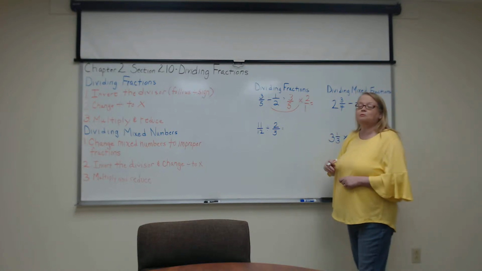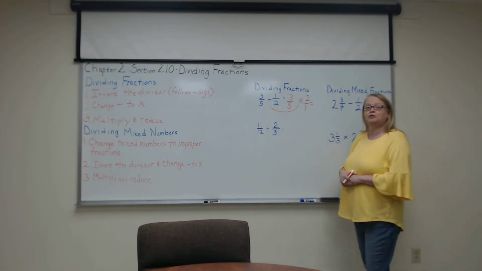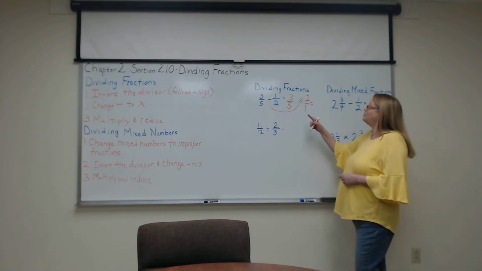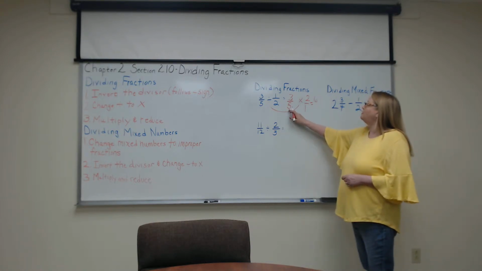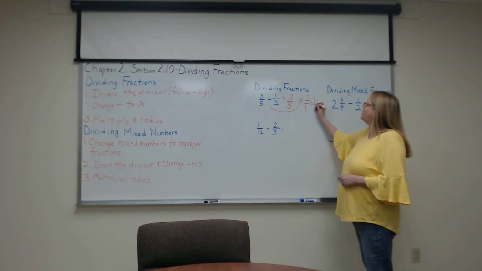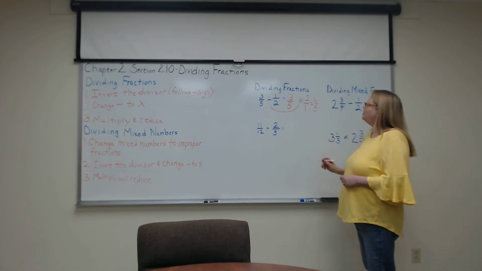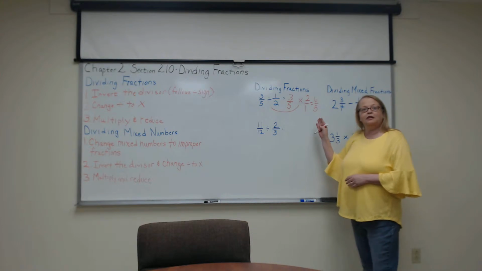Now we know how to multiply a problem that looks like this. We just multiply all the numerators. 3 times 2 is 6, and then 5 times 1 is 5. When we look at that problem, we know that it's set up as an improper fraction, so we need to change it to a mixed number.